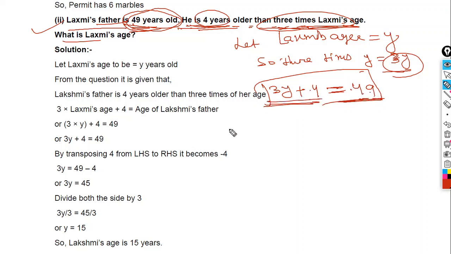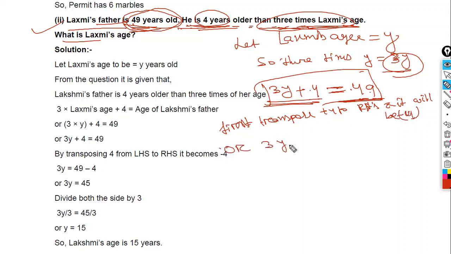Now we will solve it. First, transpose plus 4 to the RHS, and it will be minus 4. So 3y will be equal to 49 minus 4, which is 45.